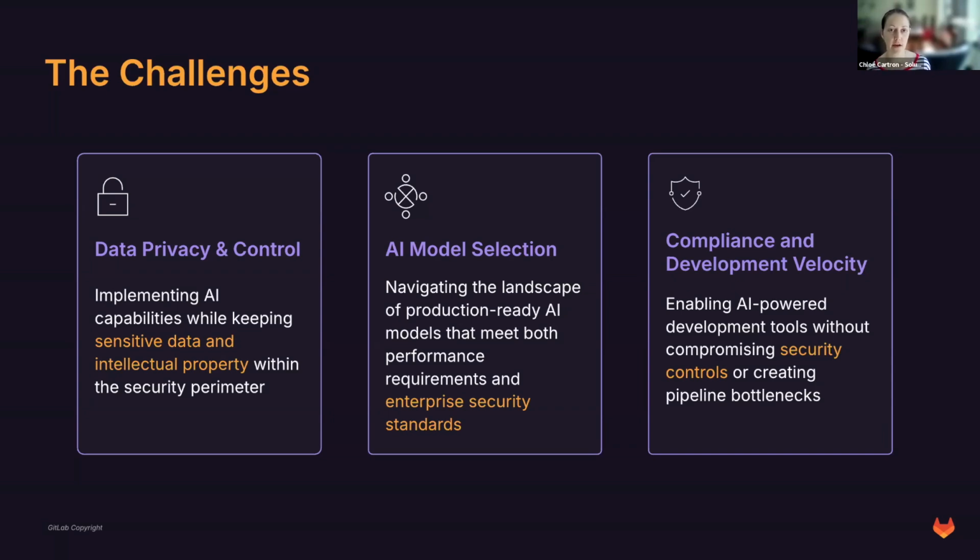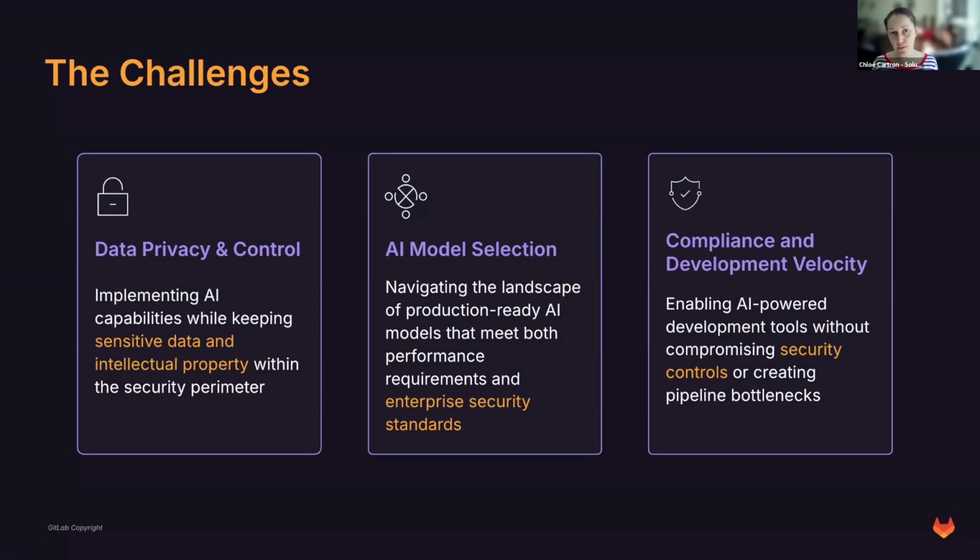But the question is how to use them in the right way. The first challenge is how to maintain privacy and control. So how do we make sure that the data that are provided to those models, sensitive data about intellectual property, are going to be remaining within a secure and controlled perimeter?